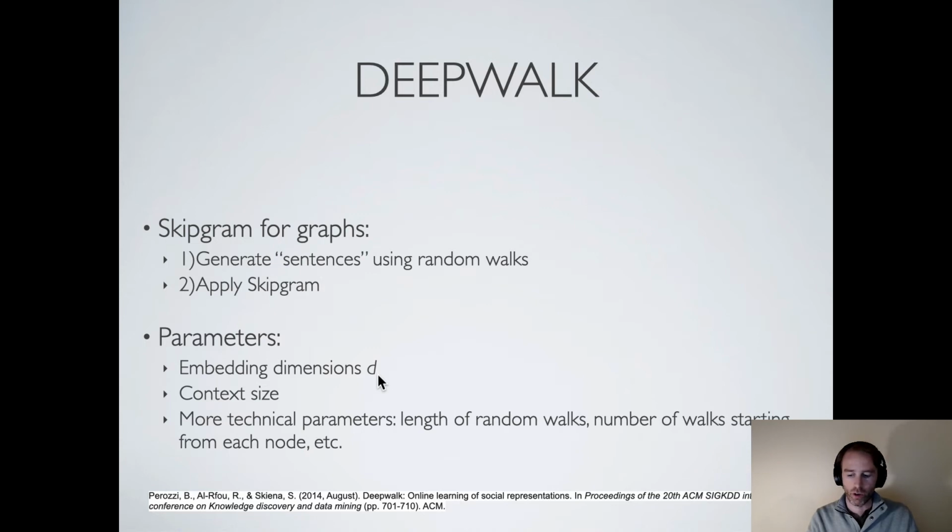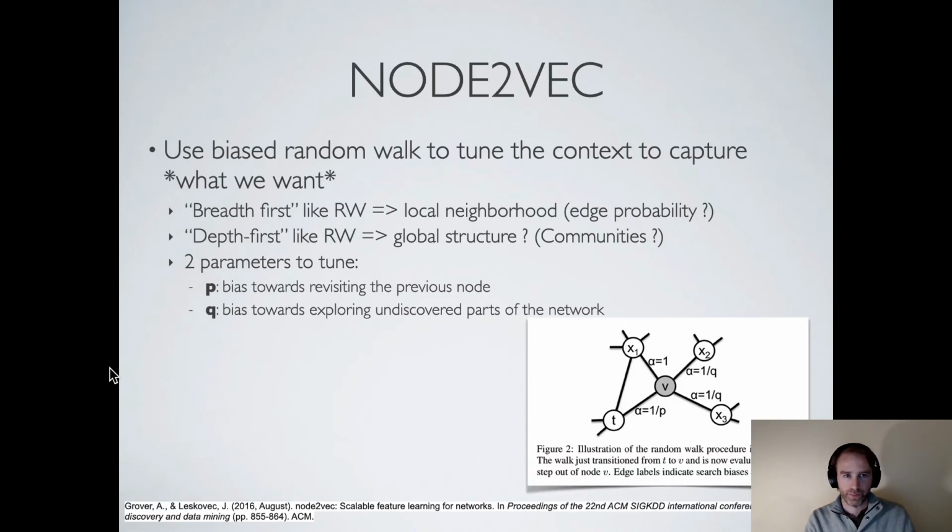A common value in the literature when you do embeddings on large graphs is 128. You need to choose this context size, as I said, and you also have to choose some parameters like the length of the random walk, the number of walks you want to do from each node, and so on. But these are more technical parameters. They will have a lesser influence on the results.